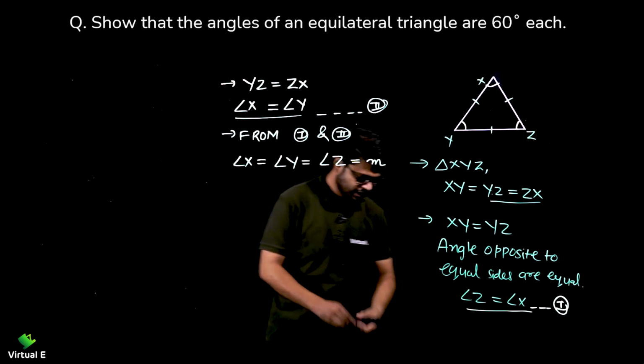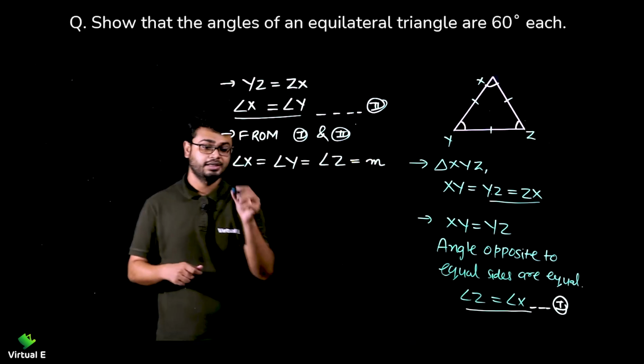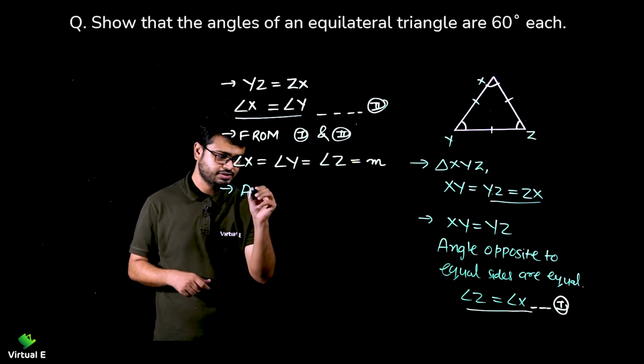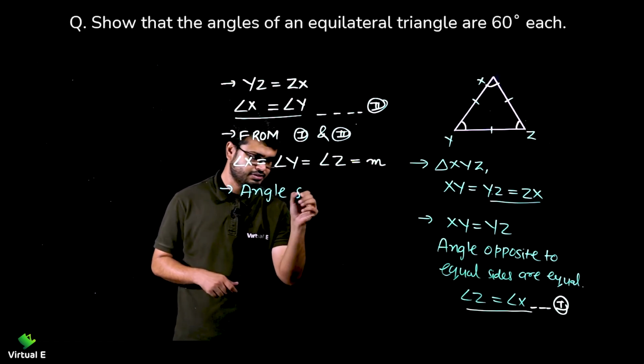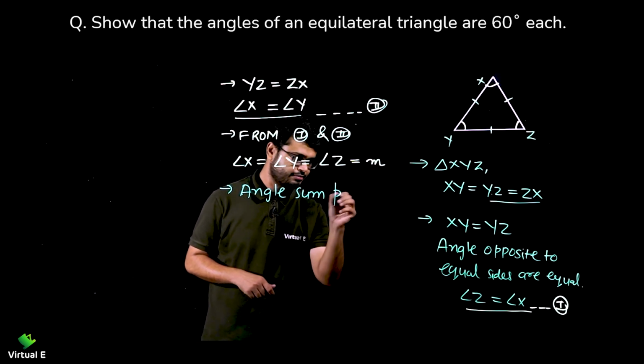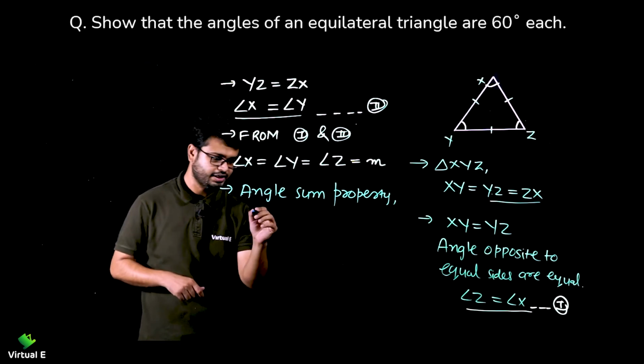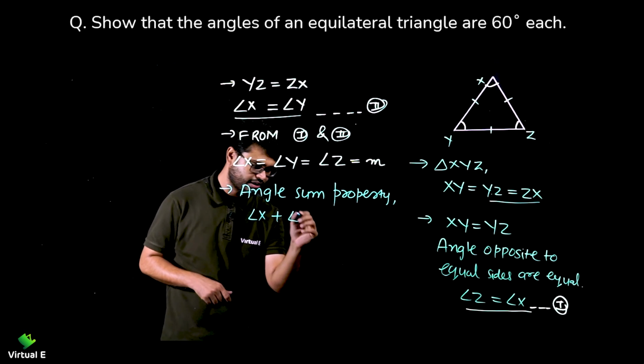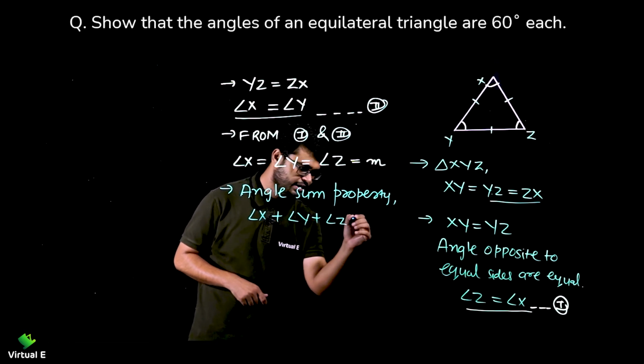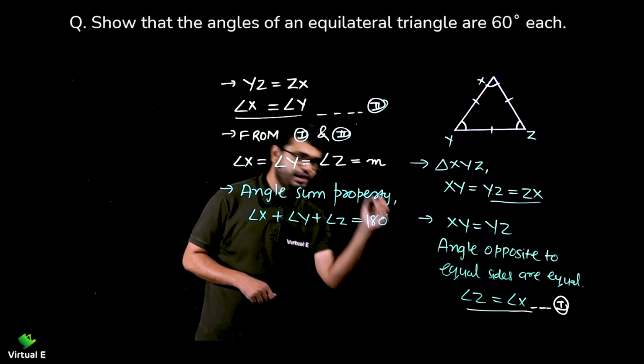So now let's write the angle sum property. We can write angle X plus angle Y plus angle Z is equal to 180°.